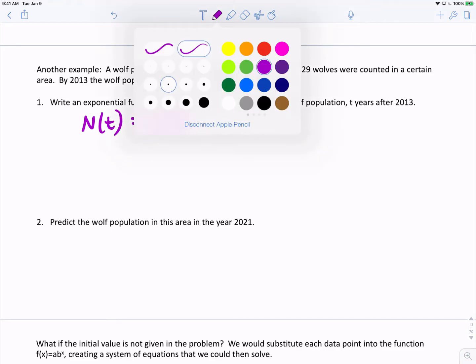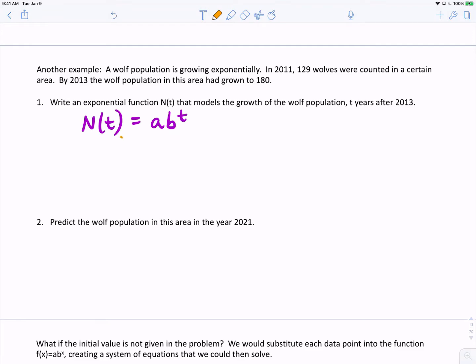And in this problem, we're not given a value for b. So we'll be plugging in values for N of t, a, and t that will enable us to solve for b, our growth rate. So this is our starting point, 129, so that's our value for a.